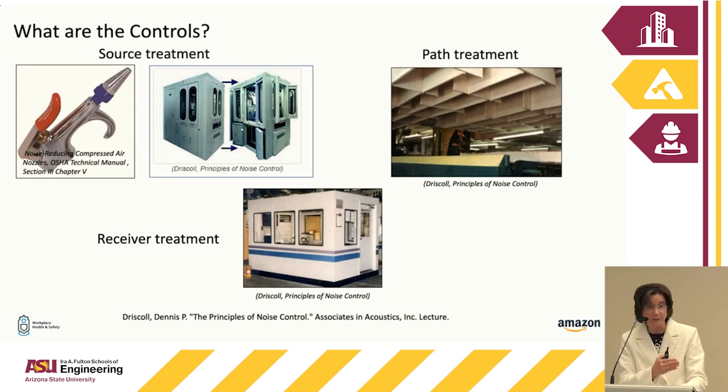And path treatments are barriers and curtains. You'll see panels that people will put onto concrete walls. That helps with the reverberance of noise. It also helps with reducing the noise to associates or to workers that are working away from the equipment so that they can be removed from a hearing conservation program.